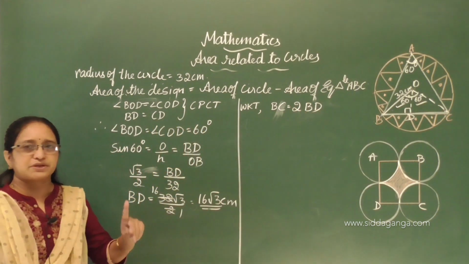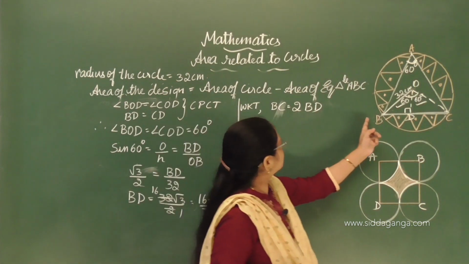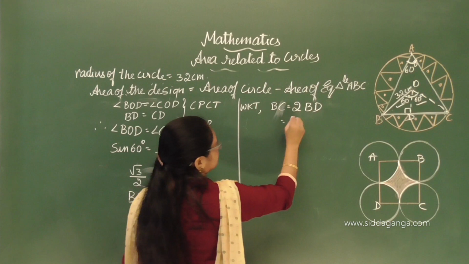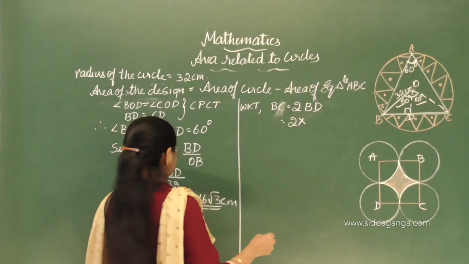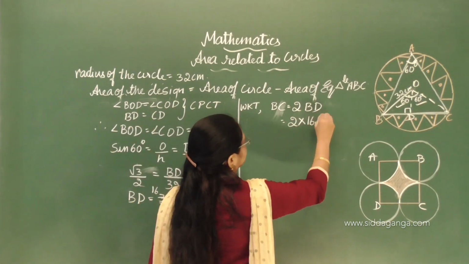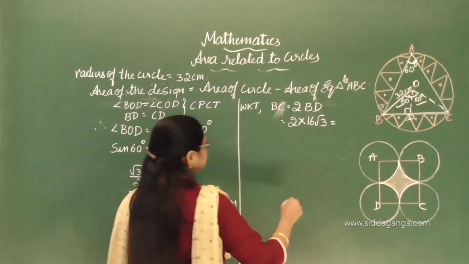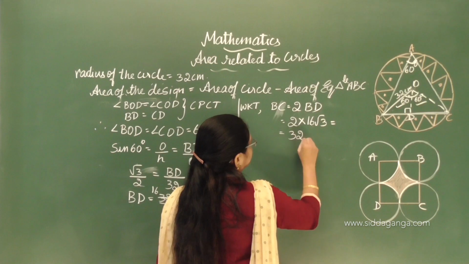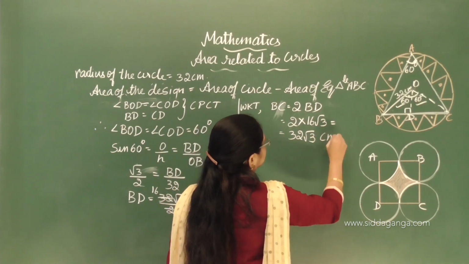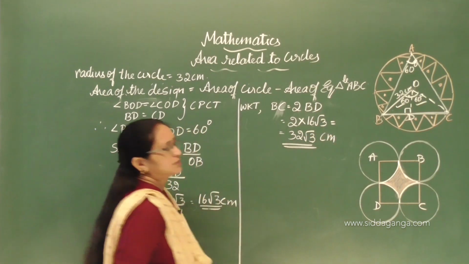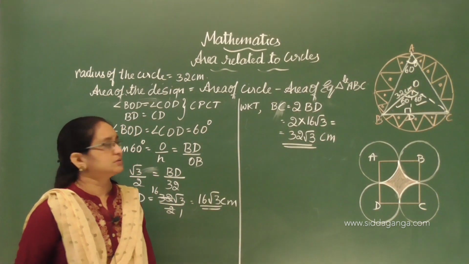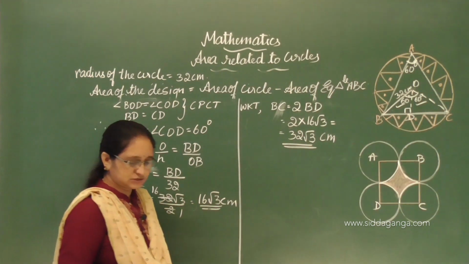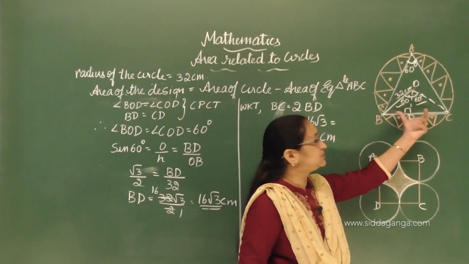Observe the diagram carefully, BC is equal to 2 times BD. So 2 into BD, BD is 16 root 3, that is nothing but 32 root 3 centimeter. Now we got BC, 32 root 3 centimeter.